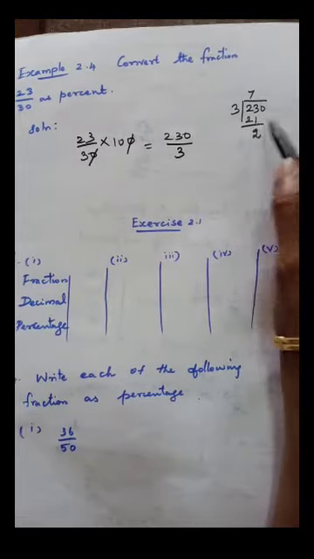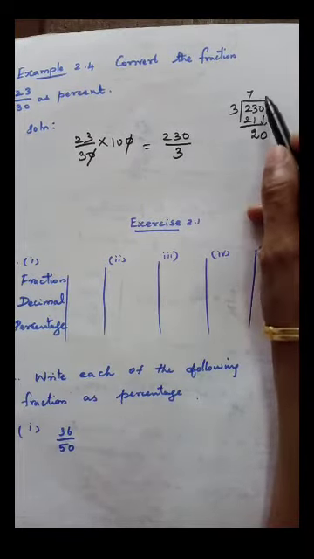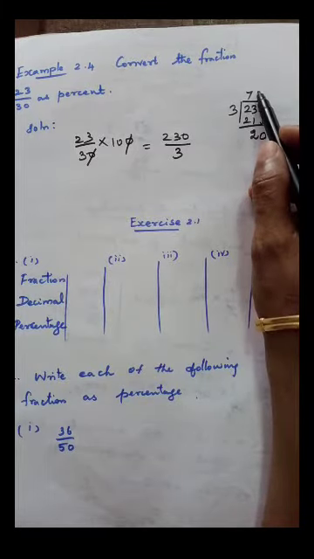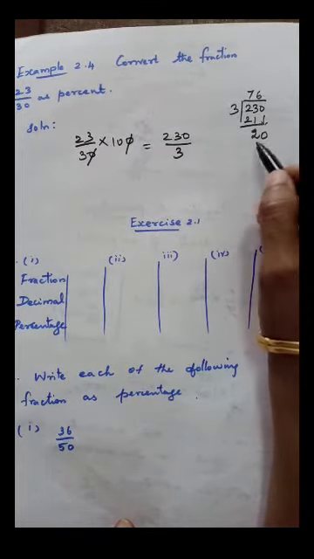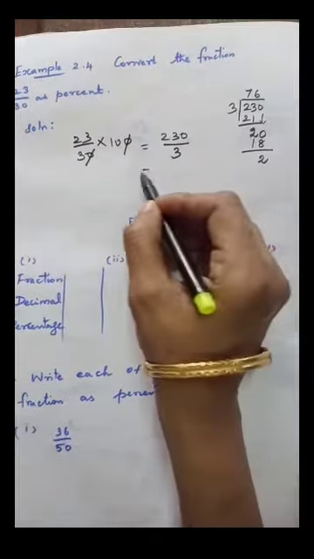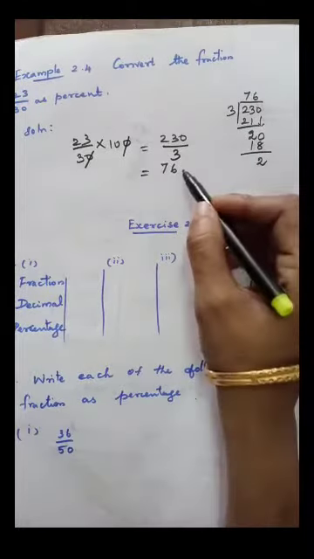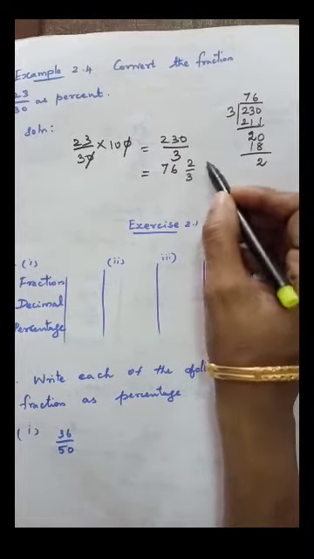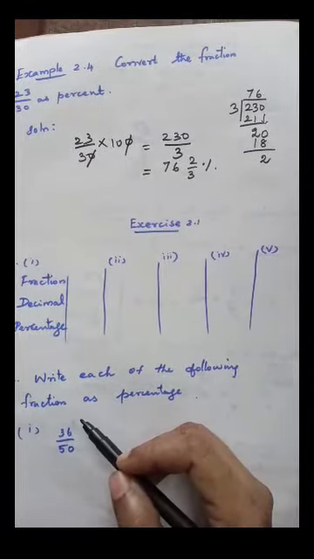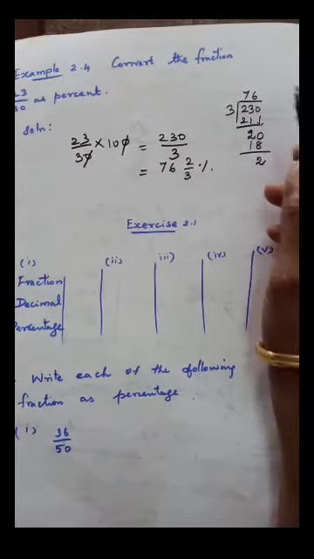The remainder is 2. Bring down 0, 20. So again 6 3s are 18. Then remainder 2. So the answer is 76, 2 by 3%. Here you have to say it in percentage, so no need to keep decimal.